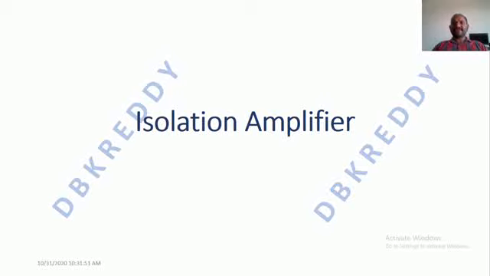Let me take a simple example to explain where exactly we use the isolation amplifier. In the medical stream, when there is a patient you want to monitor, you can take the ECG.